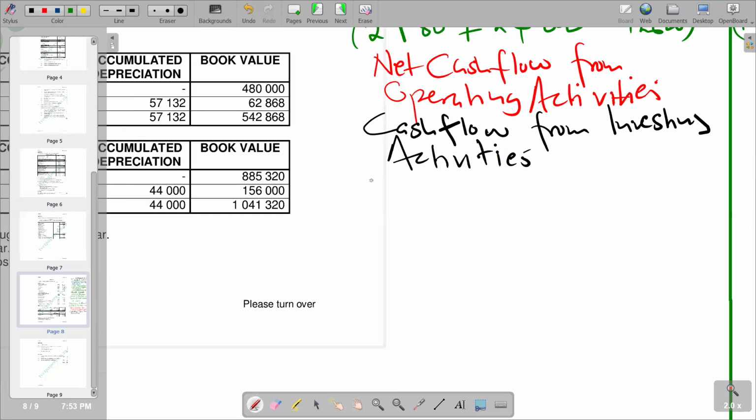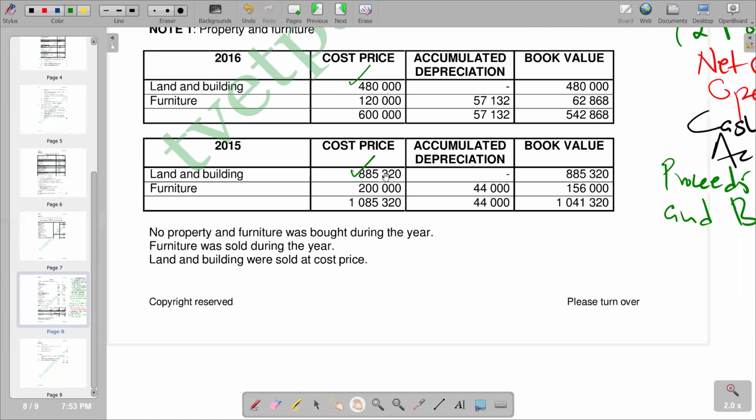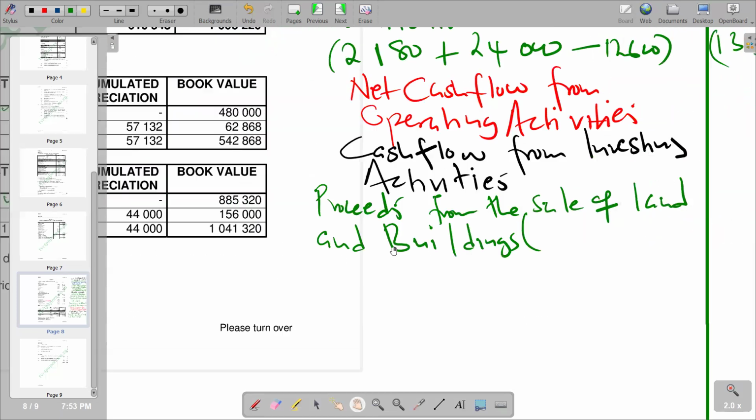Here we just say proceeds from the sale of land, whereby we are saying, in brackets, the cost that we had for landed buildings is 885,320.